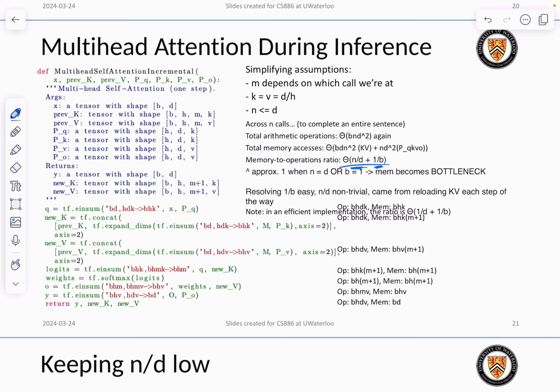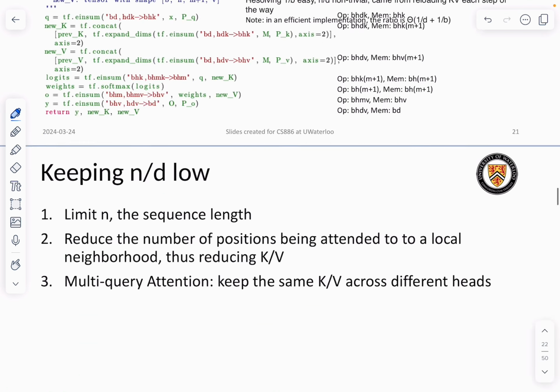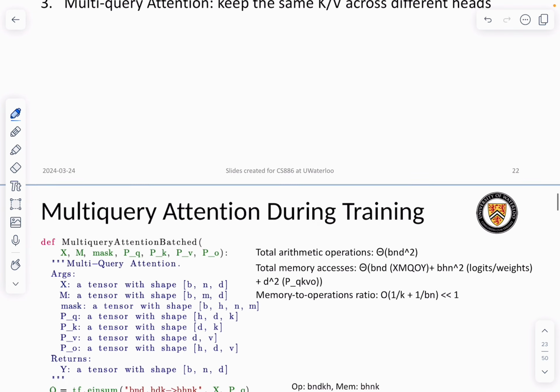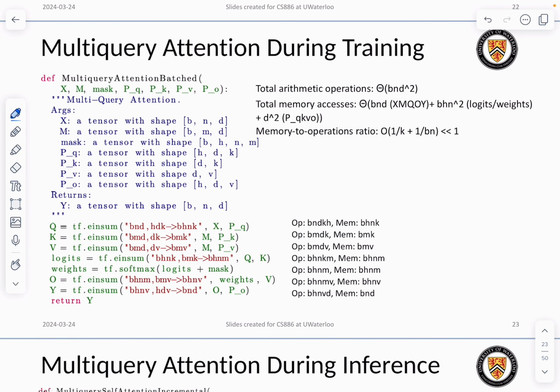For example, if our context length is like 1,000 words, and the value of d, the dimension of each word embedding, is also around 1,000, then we might need to worry because this is not a lot less than 1 anymore. So yeah, it's a very simple idea.